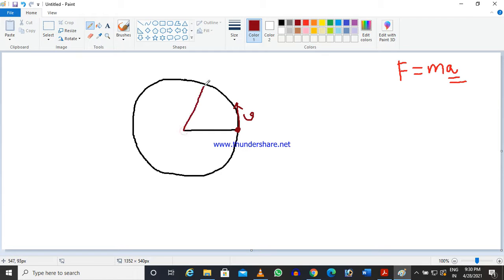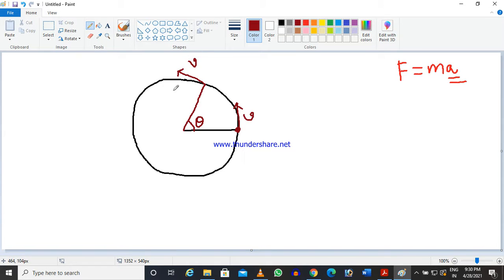Now after traveling some angle theta, again this velocity will be in this direction, tangential. So this is again velocity v.